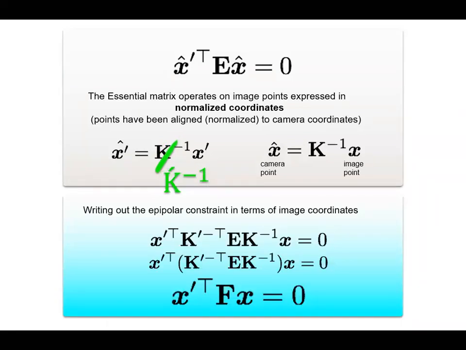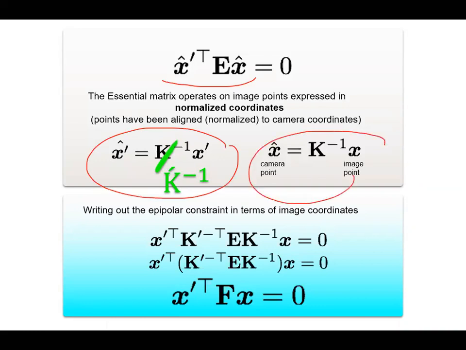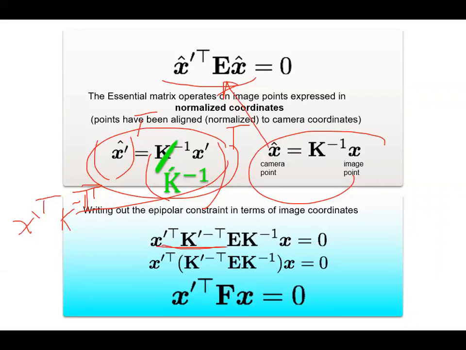Okay, so plug these variables into this equation. X dash transpose, meaning I need this transpose, will be X dash transpose multiplied by K dash minus 1 transpose, which is K dash minus transpose, as you can see here. This E will remain the same, and then the X cap will be this.